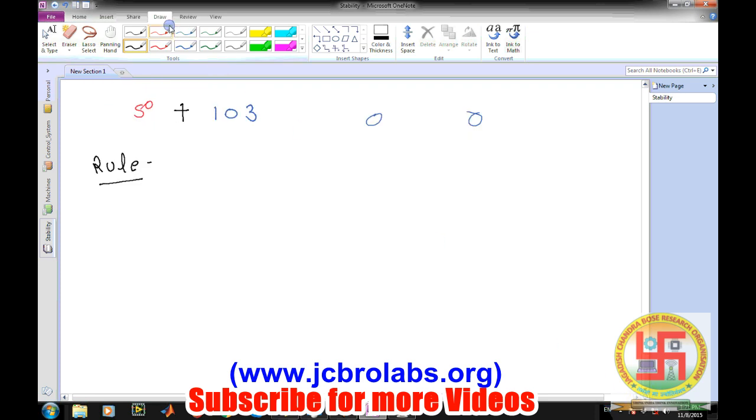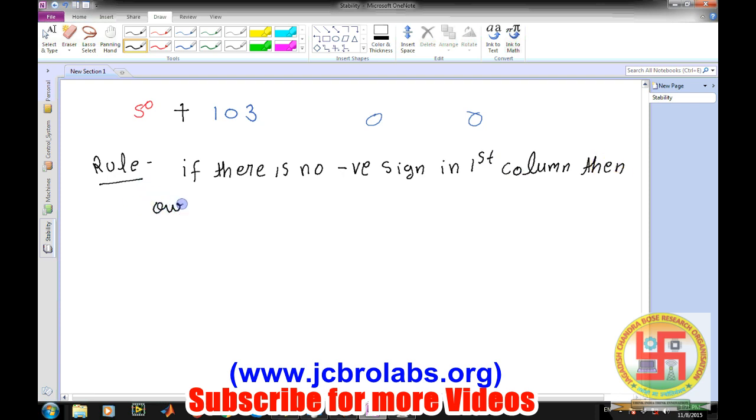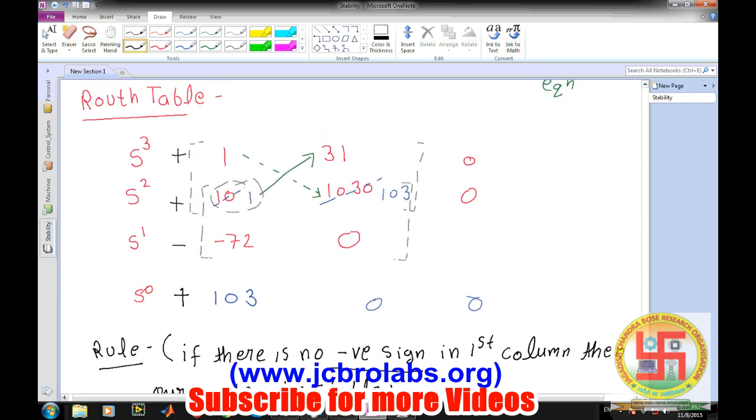It simply says if there is no negative sign in the first column, then our system is stable. So this is the thumb rule.